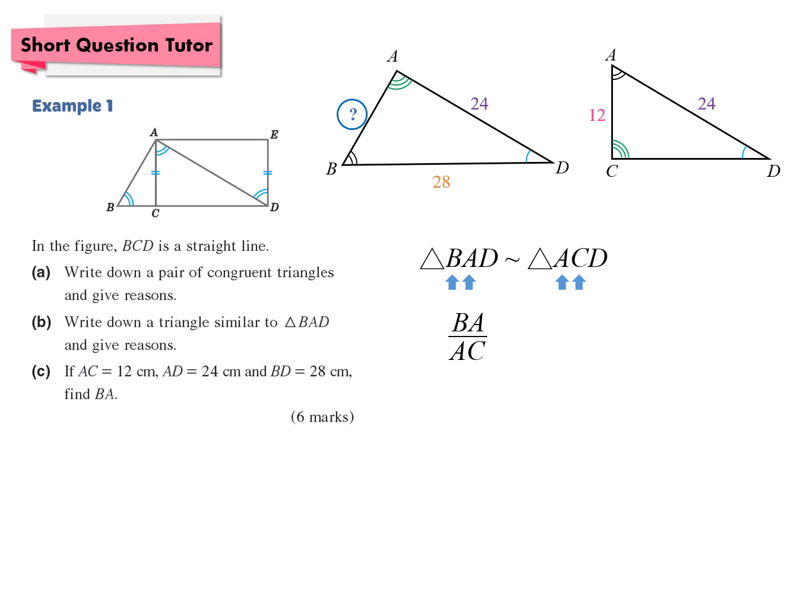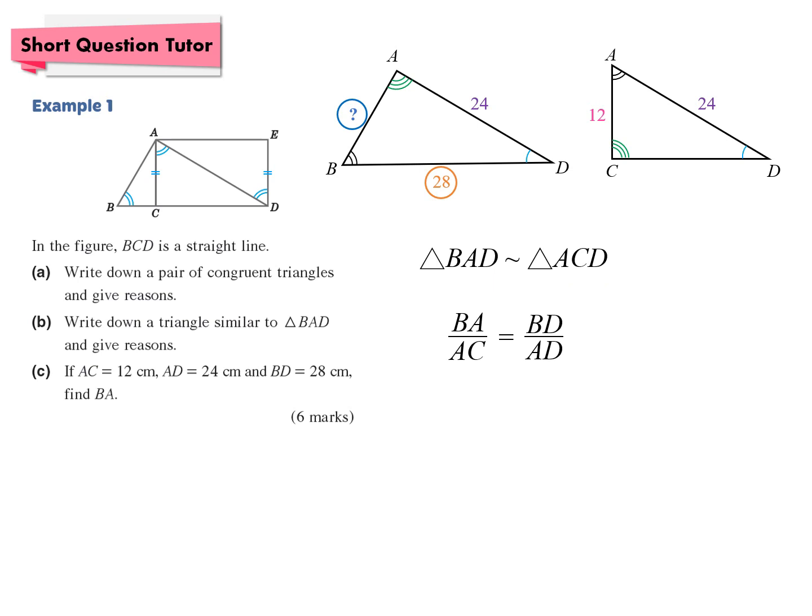This fraction is equal to the ratio of another pair of corresponding sides. Choose BD in the first triangle, which are the first and the third letters. So the corresponding side in the second triangle will be AD.